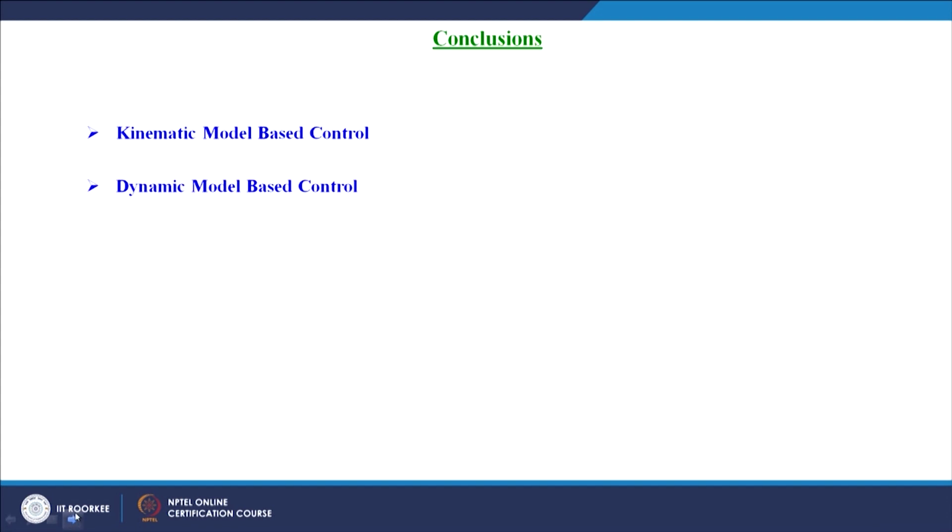Now coming to the final conclusion part. We just finished with this Cartesian based control, and now we conclude this session. In this lecture we have simulated both the kinematic model based control scheme and the dynamic model based control scheme.